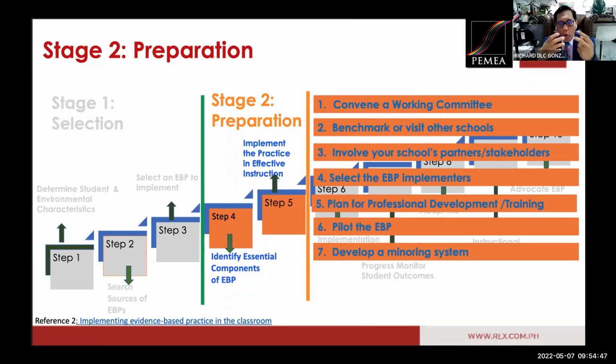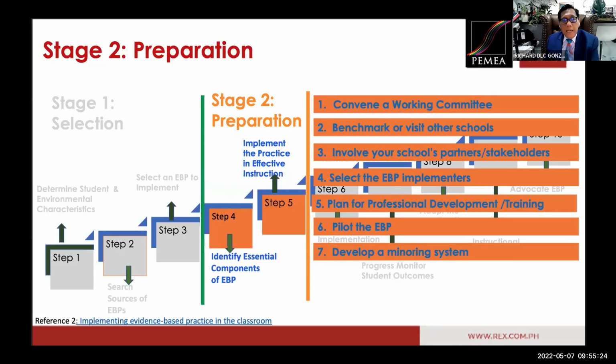Are your activities loyal to the objectives of your EBP? This requires a mechanism for monitoring the implementation, because you want to determine if the core elements of the practice or program are being implemented as designed, and also to identify support that the implementer or teachers may need during the implementation.